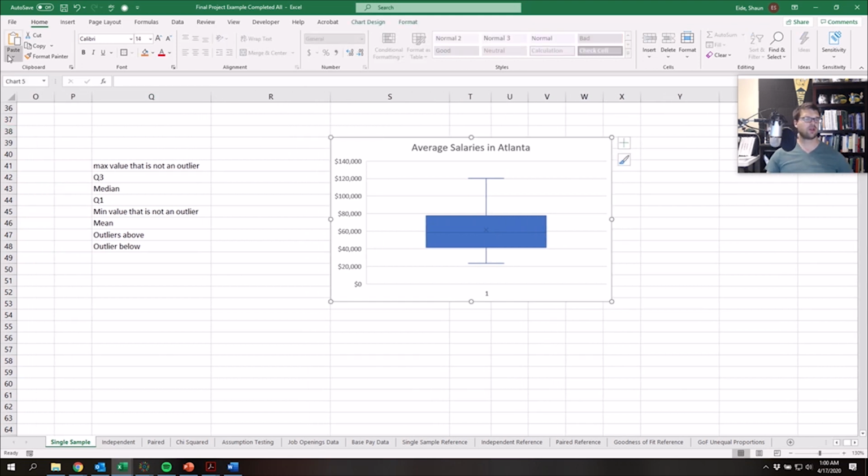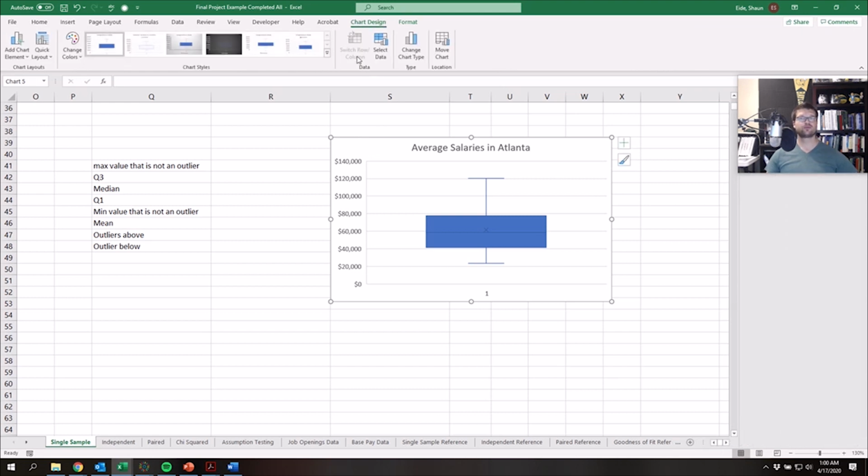The next thing that I'm going to do is double click on this, which is going to bring up chart design. When I get to chart design, I'm going to add chart elements, and it gives me all these wonderful options. It says data labels, and I want data labels to the left.